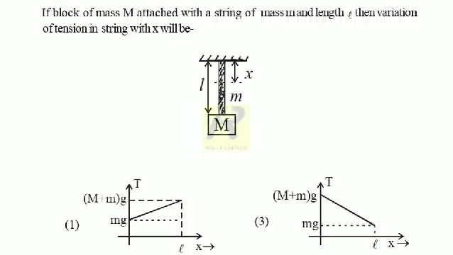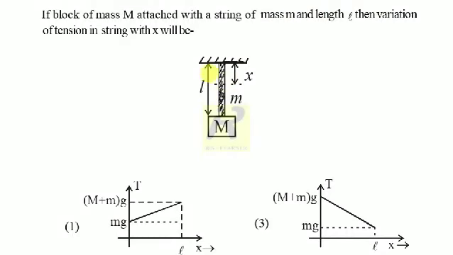Well, the tension in the rope is acting upward. As seen from this side, the tension is acting upward. See this picture, I will show you in two different ways.